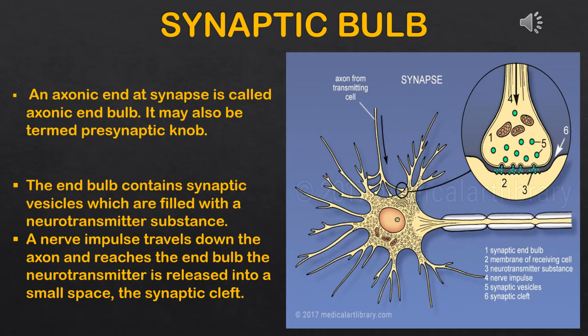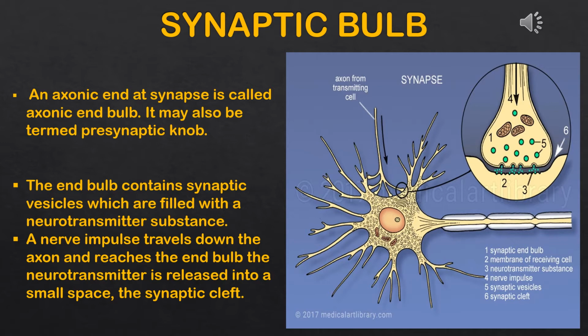The junction between two neurons, that is, between the dendrite of one neuron and the axon terminal of the immediately next neuron, is called a synapse. So, we can say that an axonic end at a synapse is called axonic end bulb. It may also be termed presynaptic knob.